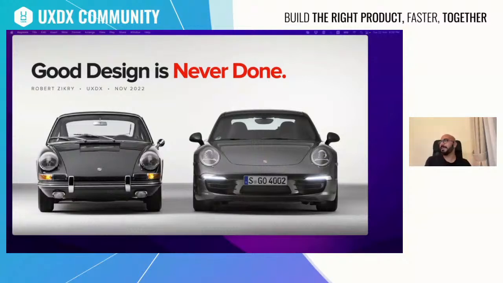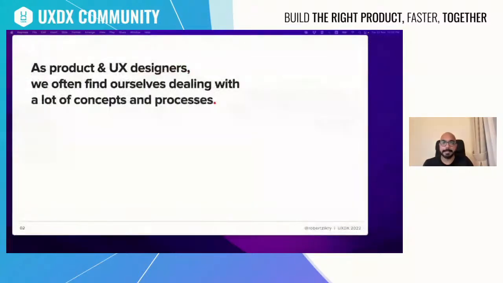All right, so our talk today is about how iterative design happens in large organizations, in product companies and tech companies, and how good design is never done. As product and UX designers, we often find ourselves dealing with a lot of concepts in the process of producing those designs.